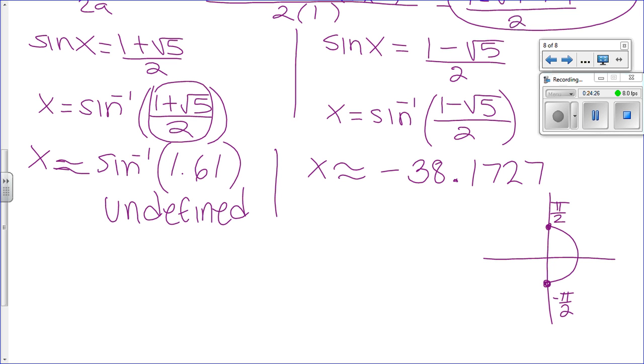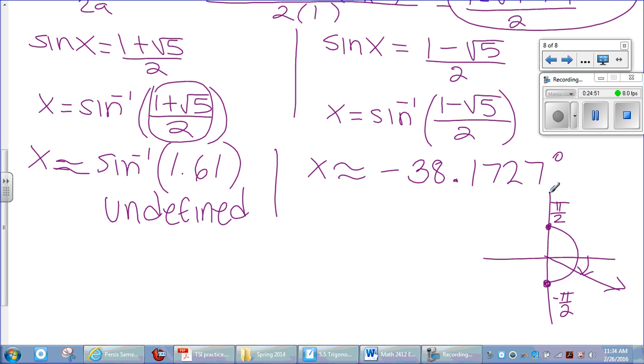Yeah, long time ago. So what this calculator is telling you is an angle that is negative and it's 38 degrees. So it will be somewhere maybe here, right? So could we find another angle that is positive?